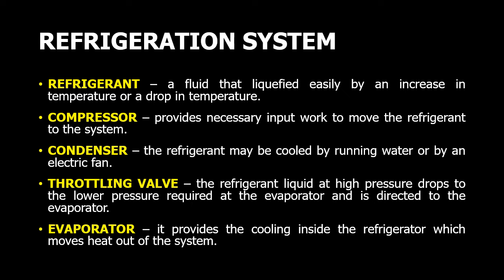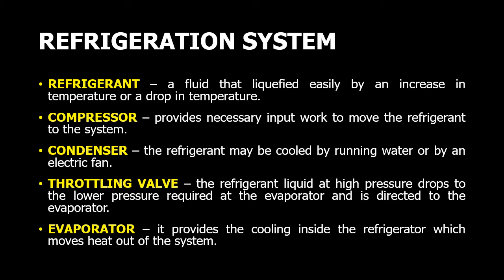A refrigeration system is made up of several parts. Number one is the refrigerant, which is a fluid that is liquefied easily by an increase in temperature or a drop in temperature. Next is the compressor, which provides the necessary input of work to move the refrigerant through the system.